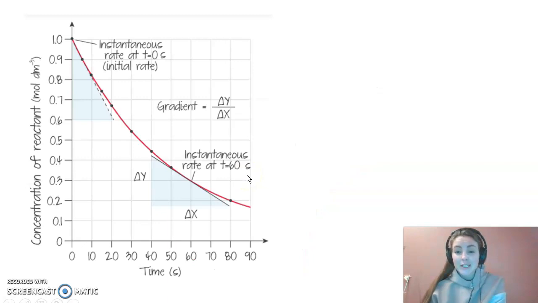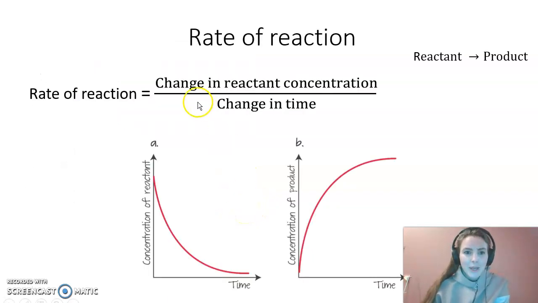So if we're using a little bit of mathematics, you can see that we have the change in reactant concentration, so the change in y-axis, divided by the change in time, which is the x-axis. So we have the change in y-axis divided by the change in x-axis.